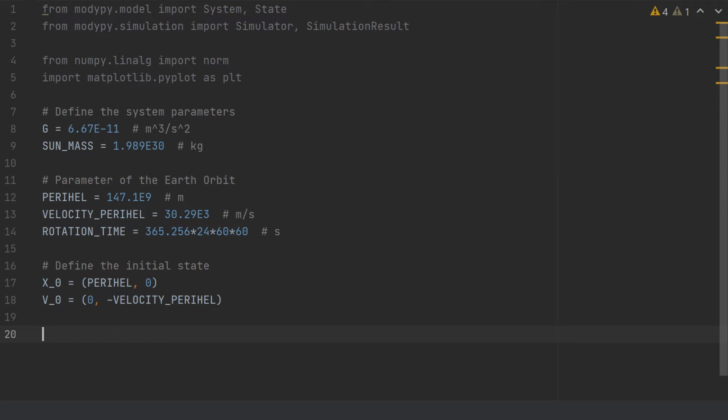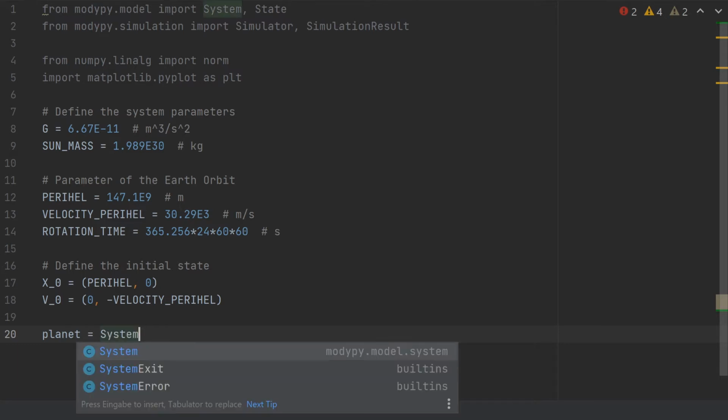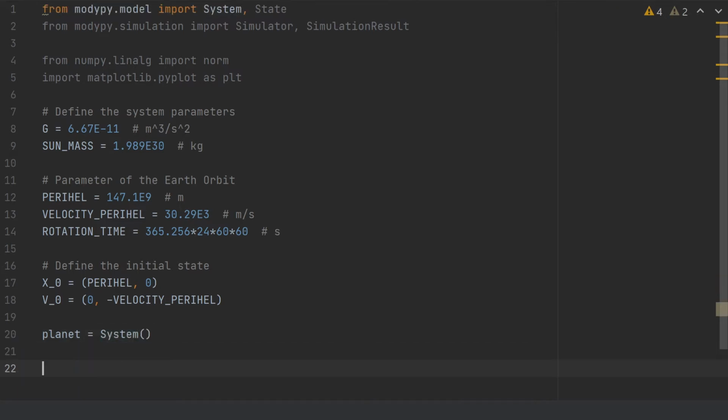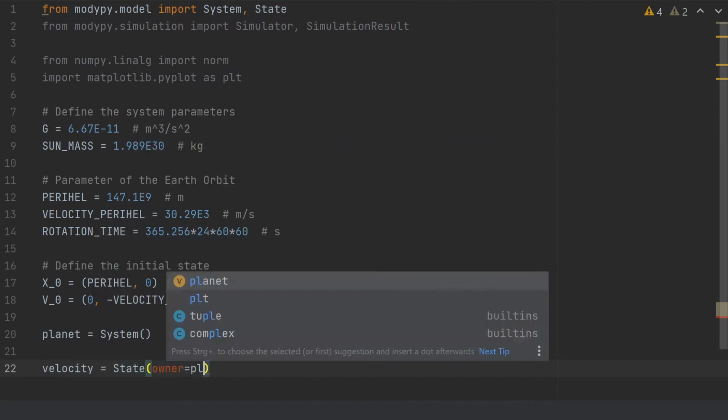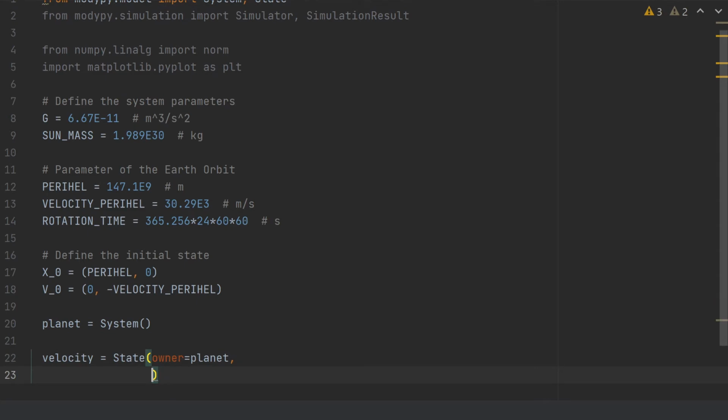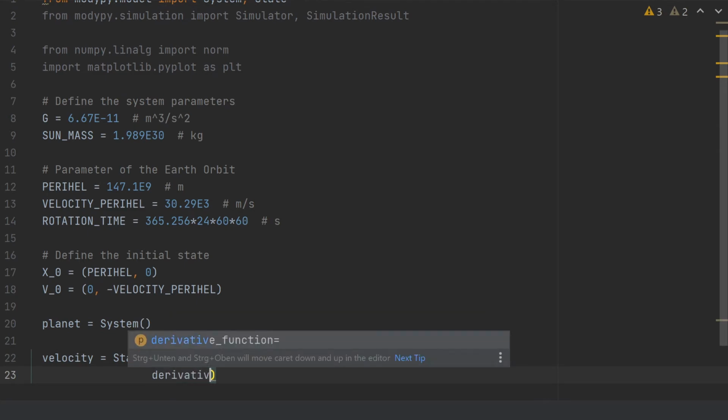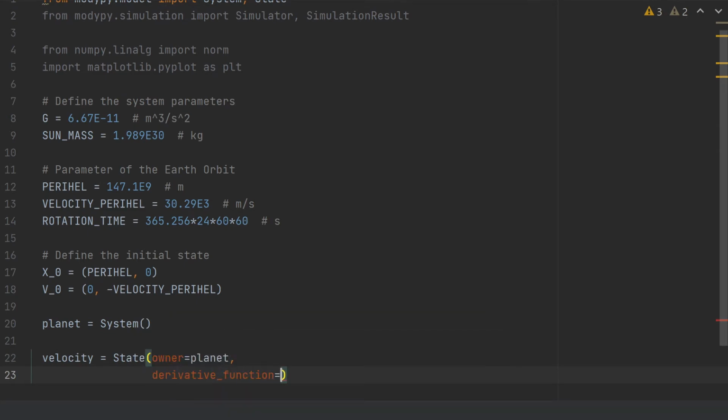Now we define our system and our two states. The first state is the velocity. And its derivative function, which we will define in a second, is the velocity dt.